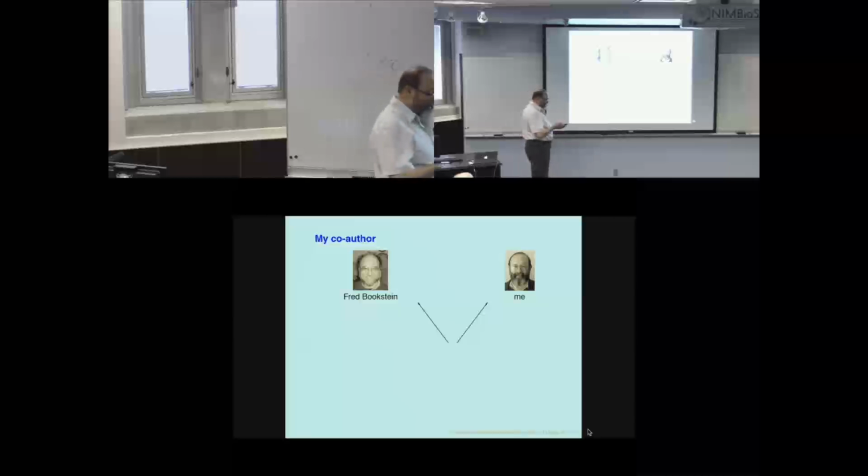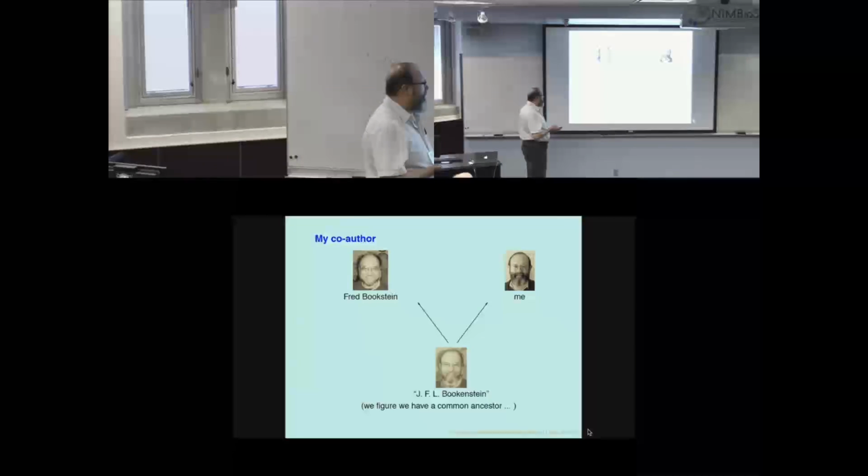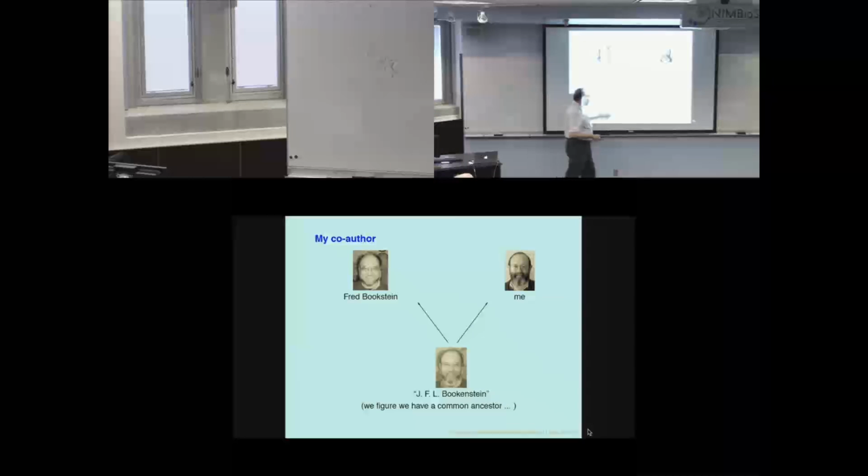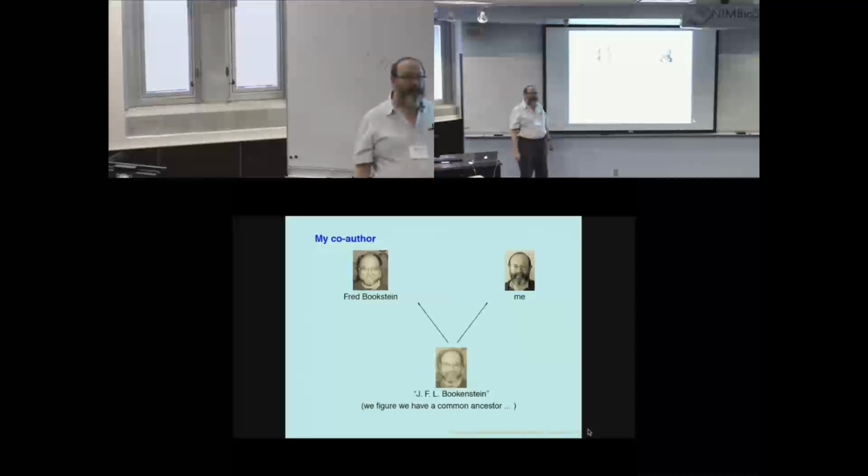And we kid ourselves that we have a common ancestor who we've denoted as JFL Bookstein. If you want to know how to do that, it's very simple. You take black and white images facing forwards.